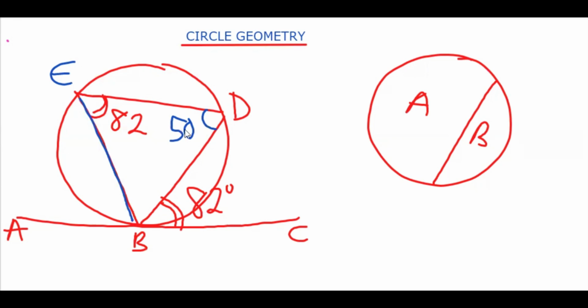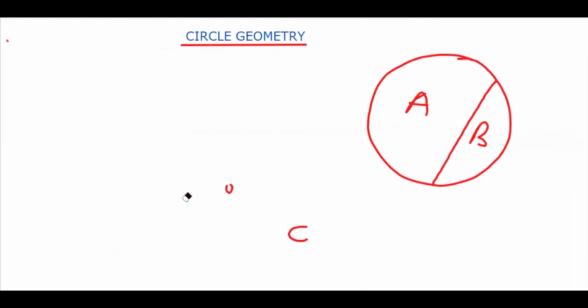Therefore, this 50 can move down to be between that chord and the tangent, which is this place, 50. So they are equal, because this 50 is the angle between the tangent, this line ABC, and chord BE, and the same chord BE sustained this 50 at the circumference of the circle on the other segment. So they are equal. 82 equals this one. So that is what the theorem is talking about.